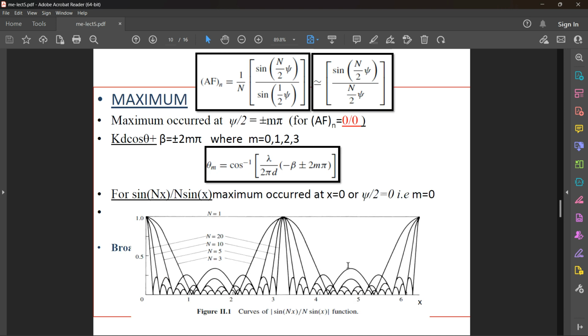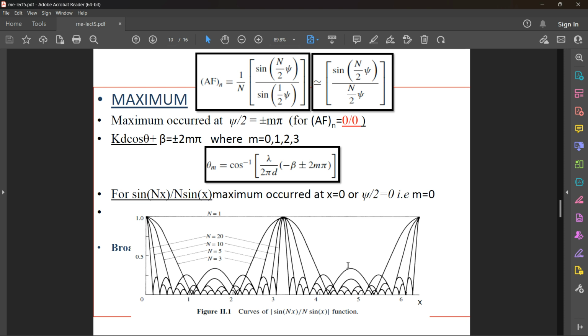And when we come to the maximum position, this 1 by N is a negligible value, and so we may take it as sin(N psi by 2) divided by N psi by 2. So this maximum pattern may occur when psi by 2 is equal to plus or minus m pi. So kd cos theta plus beta, which is equal to psi, is equal to plus or minus 2 m pi, where m is equal to 0, 1, 2, 3.